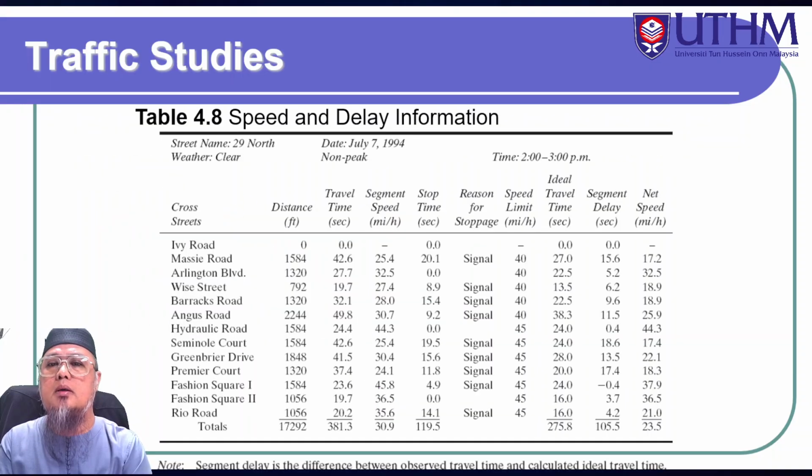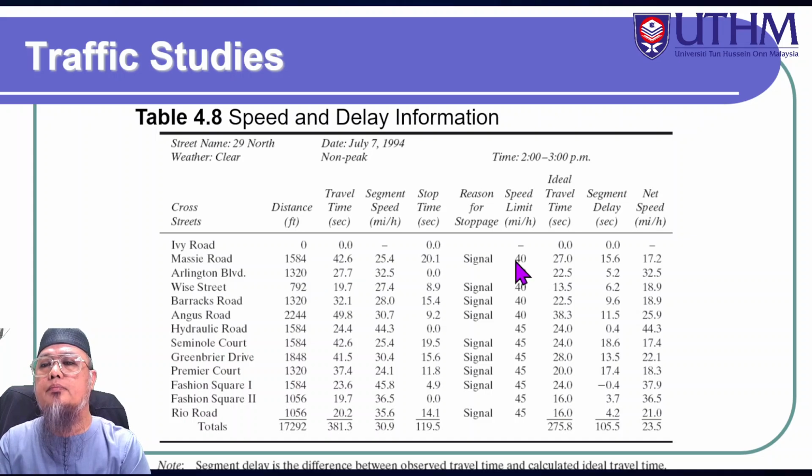This is a sample already collected from the site at typical intersections, together with the distance. From these locations, they can determine the travel time from one intersection or section to another.